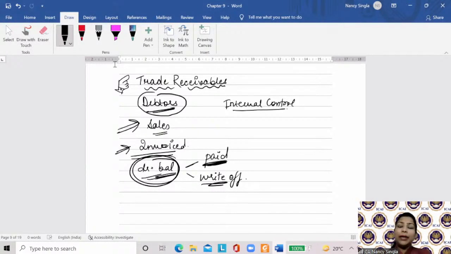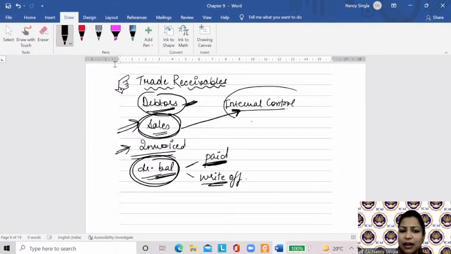Okay? But now, as you all have also said, and I have also mentioned, that sales जब होते हैं ना, तब debtors आते हैं, credit sales. So unless and until I as an auditor am sure about the internal control with respect to sales. See, sales are a routine kind of transaction, and in clients, it might be possible that the volume of sale transactions is very high.